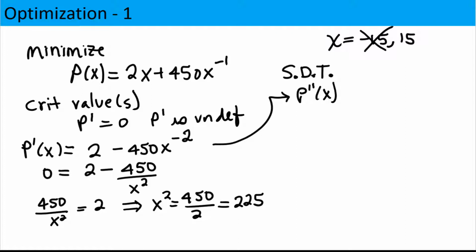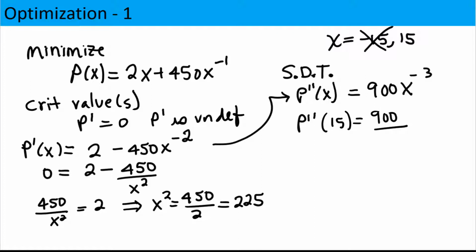Now we've got negative 450 times negative 2, that would be positive 900. x to the, subtract 1 from negative 2, is negative 3. So we need to evaluate at positive 15, and the 900 divided by where the x was, we'll put in 15 cubed.